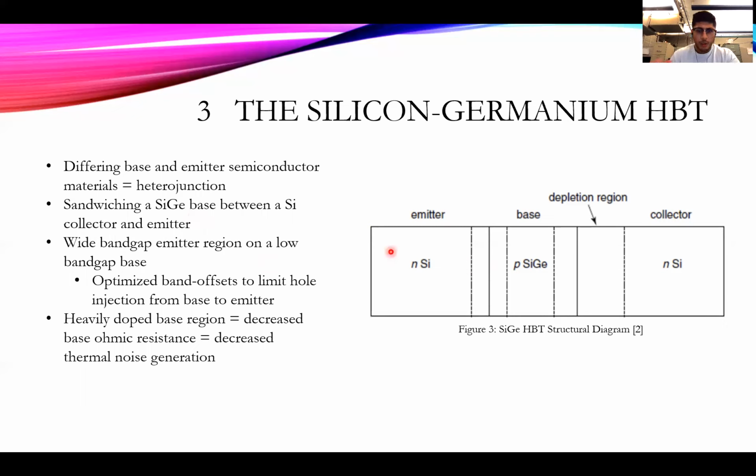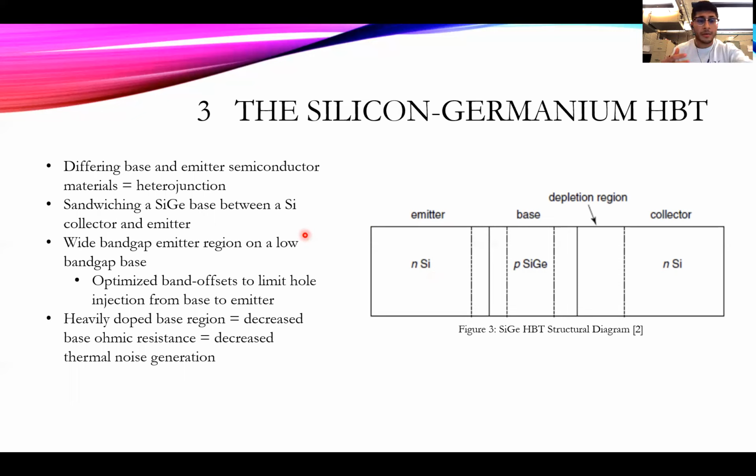The SiGe structural diagram is composed by sandwiching a SiGe, silicon-germanium base between silicon emitters and collectors. On the right-hand side, figure 3, it is an NPN. So we have an N-type silicon semiconductor emitter, a P-type base, which is SiGe, and then our collector, which is also N-type silicon.